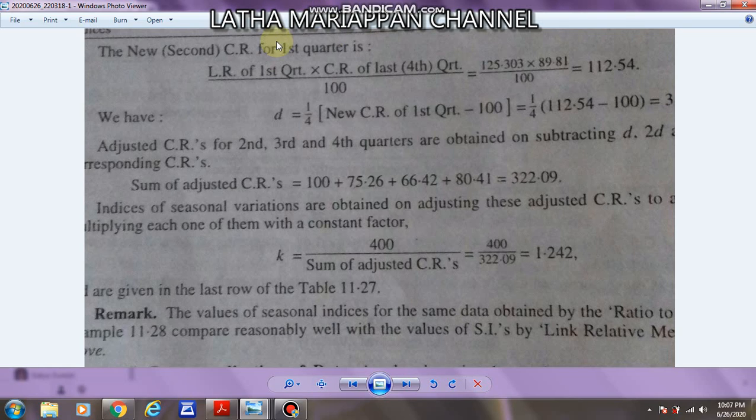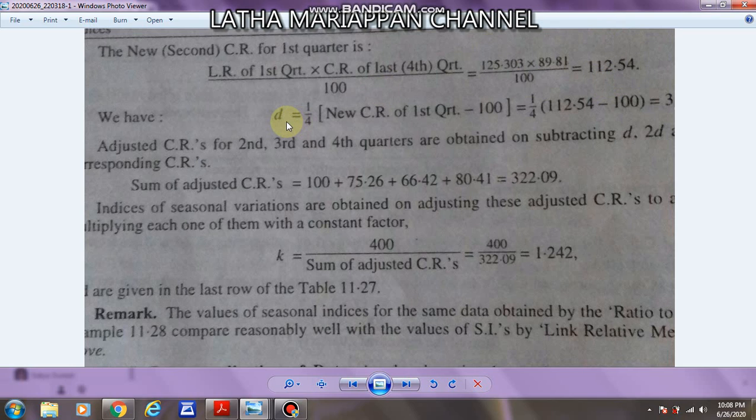Now I'll show you the theory part here. To find out your adjusted value, you take the link relative of first quarter into the chain relative of the last quarter, that is 125.303 into 89.81 divided by 100. So you will get 112.54.